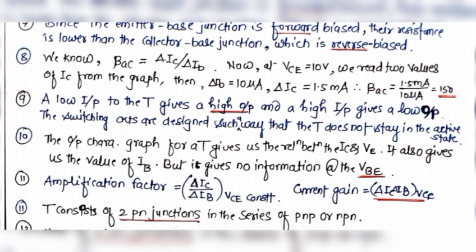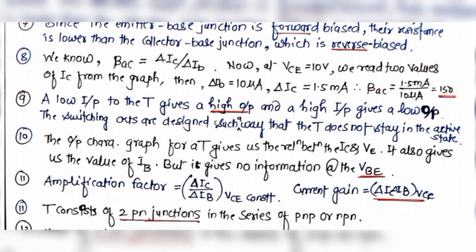The output characteristics graph for a transistor gives us the relation between the collector current and collector voltage. It also gives us the value of base current, but it gives no information about the base emitter voltage.